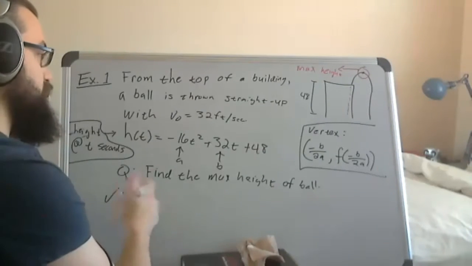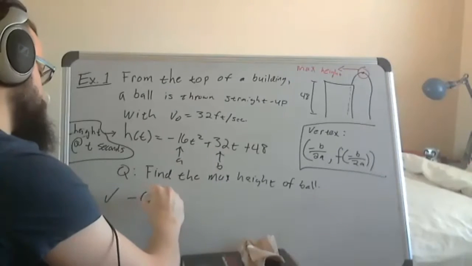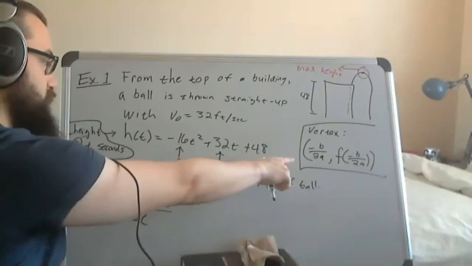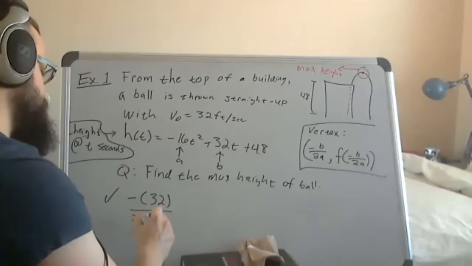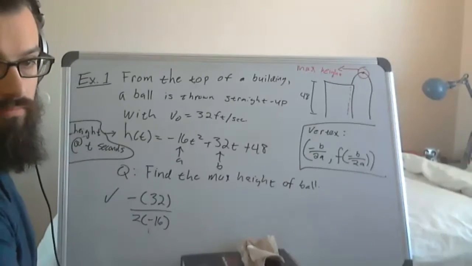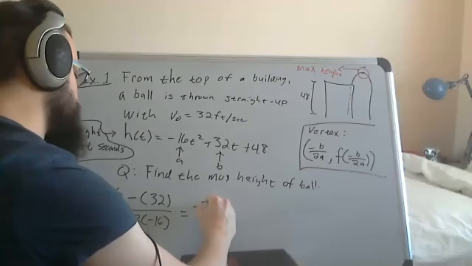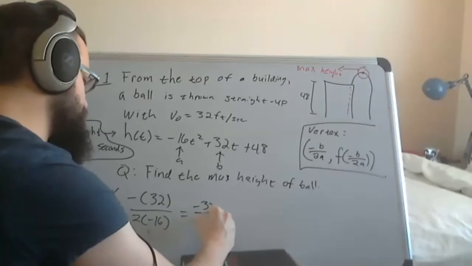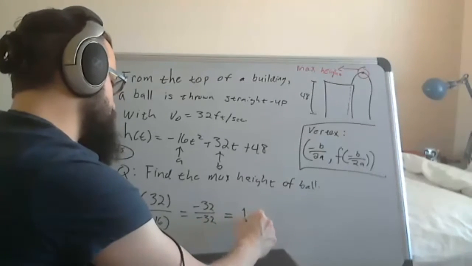So negative b, which is negative 32, over 2 times a, which is negative 16. So we have negative 32 on top, 2 times negative 16, negative 32 on bottom, which gives us positive 1.